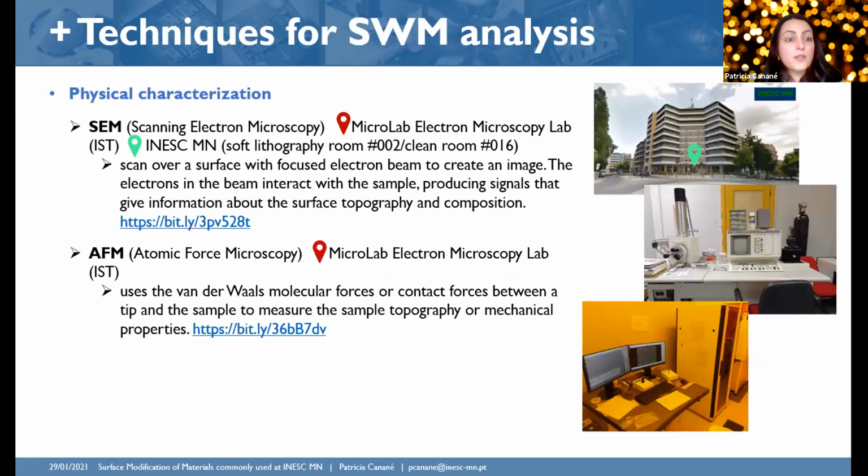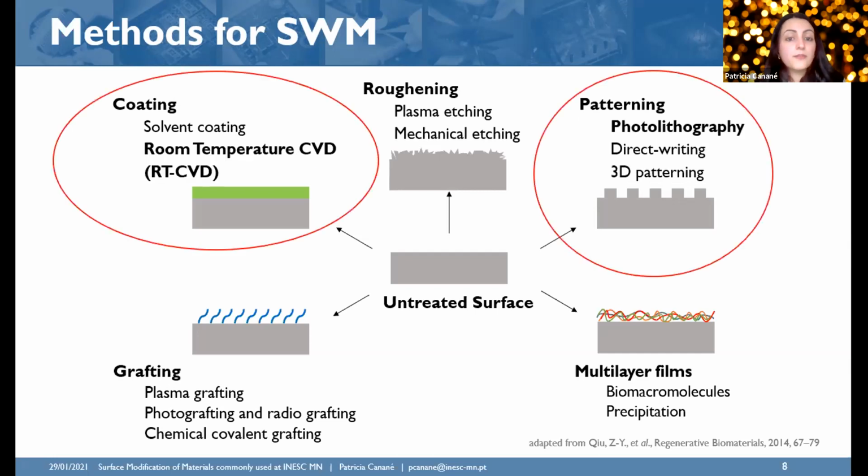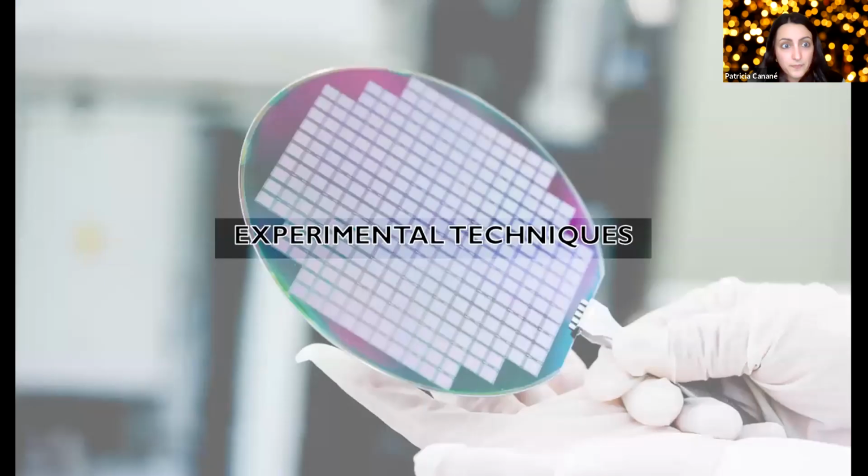And of course, we also have techniques for physical characterization, one of them being SEM, or scanning electron microscopy, which we have at INESC-MEN. There are several methods for surface wettability modification, as we have here on this slide, but in this work I will only be focusing on two: chemical coating by room temperature chemical vapor deposition and patterning by a photolithography process.